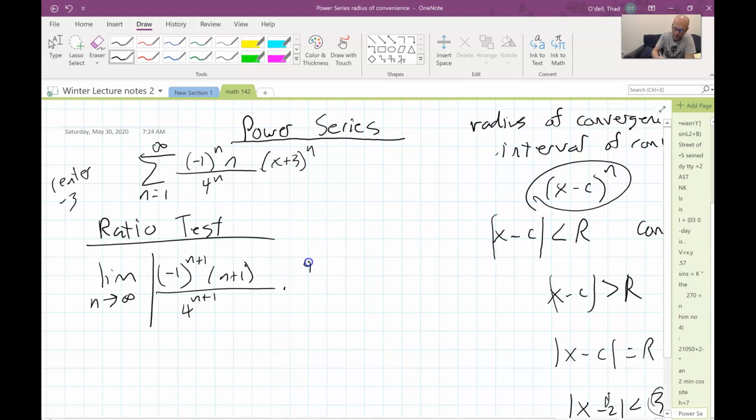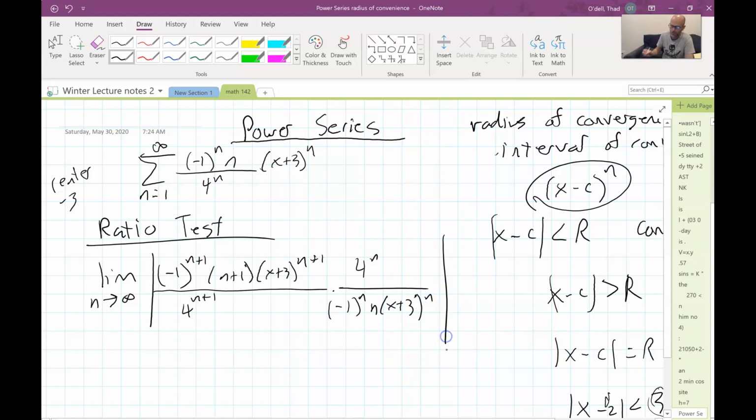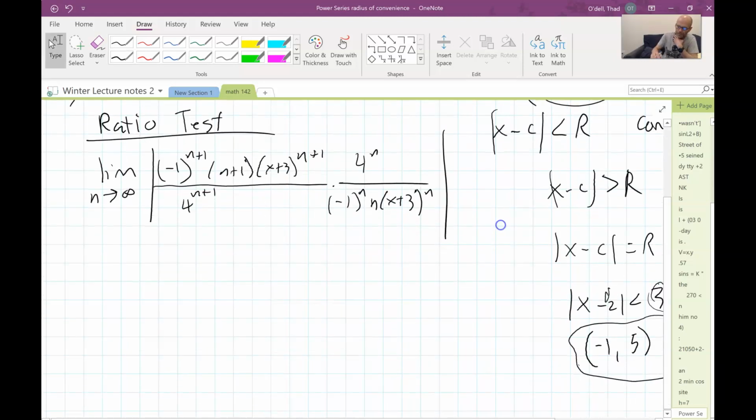So I'd have 4 to the n on top. Oh, oops, I forgot my x plus 3 to the n plus 1 here. That's embarrassing. So then we're going to multiply that by 4 to the n over -1 to the n times x plus 3 to the n. That's it, right?